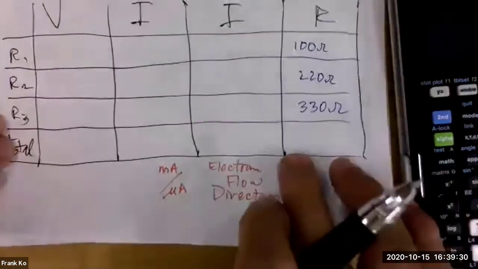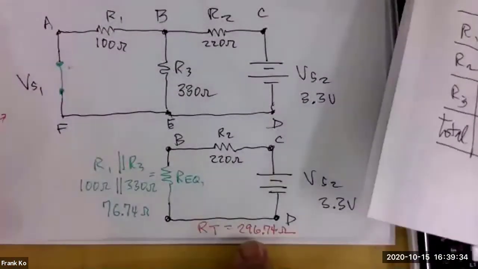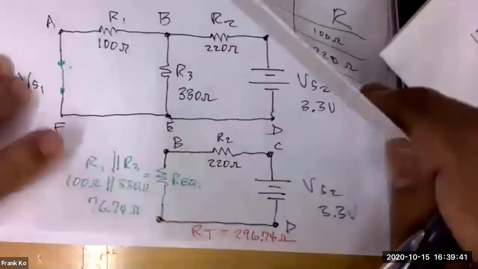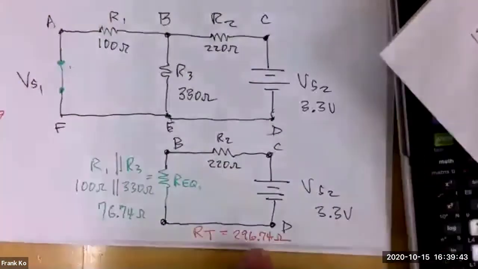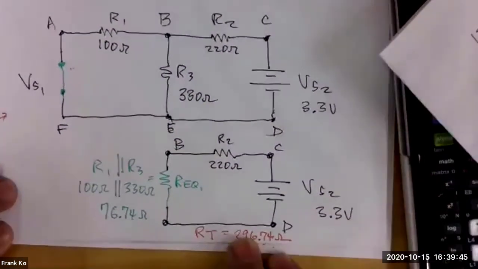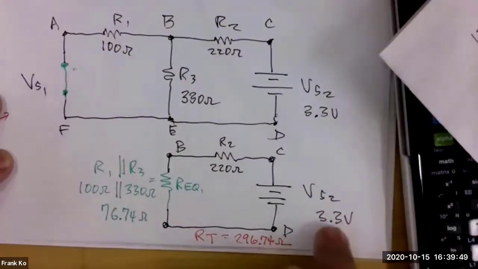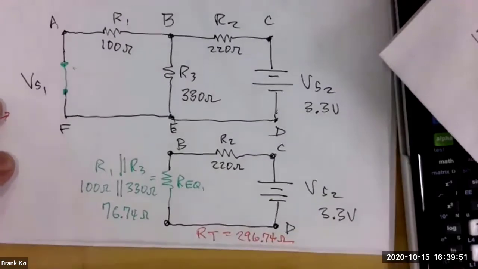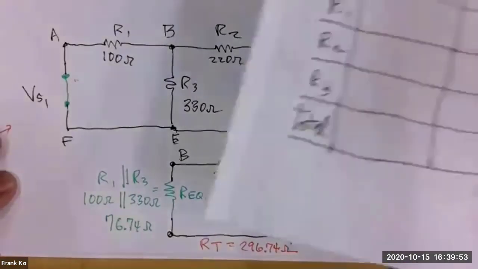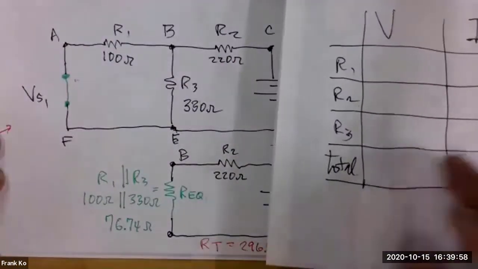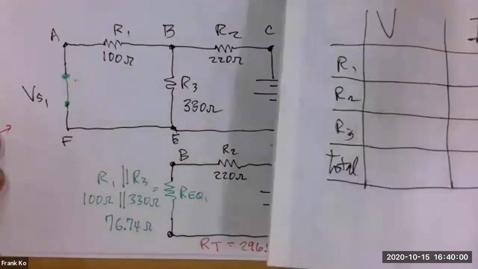What's changed in our schematic is our R total. Our R total is now, whoops, wrong schematic. That's the right schematic. Our R total is now 296.74 ohms, and our voltage source is 3.3 volts. So that means we have to fill that in appropriately, yeah? So our V total here must reflect our 3.3 volts.